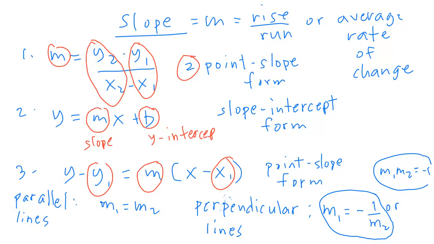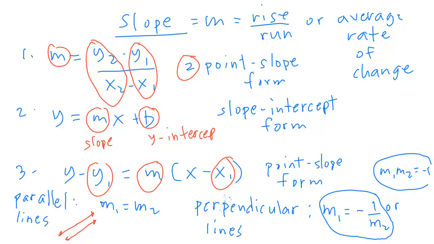Okay, so what do we mean by parallel lines? When the two lines are not intersecting. So I have a line here, and then I have another line, and if they are equidistant to each other and they don't touch each other, then that would be parallel lines.